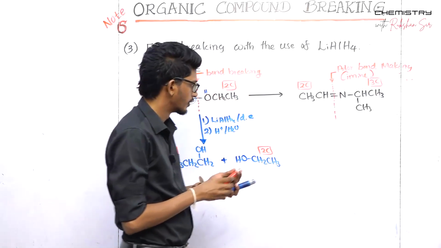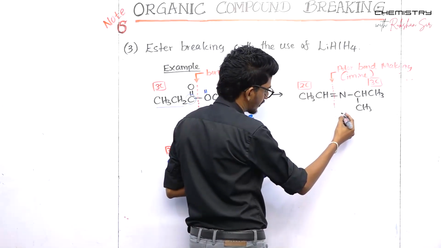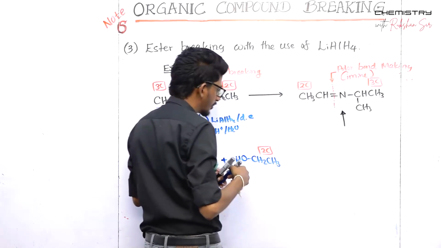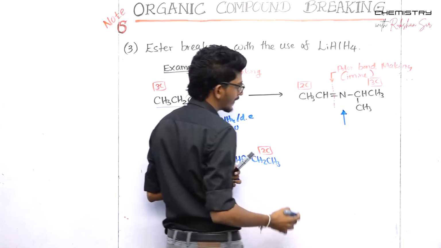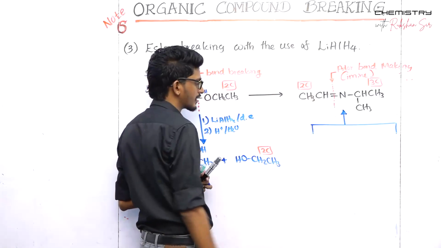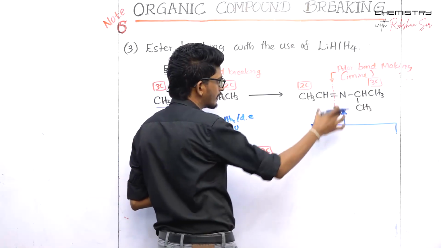First of all, we can think of the 2 compounds which are responsible for making this polar bond. Let's start from there by analyzing the 2 compounds which will produce this one. So this is the imine bond.